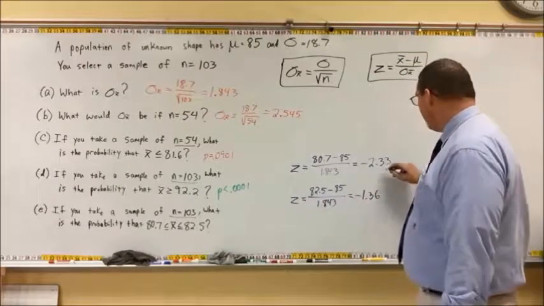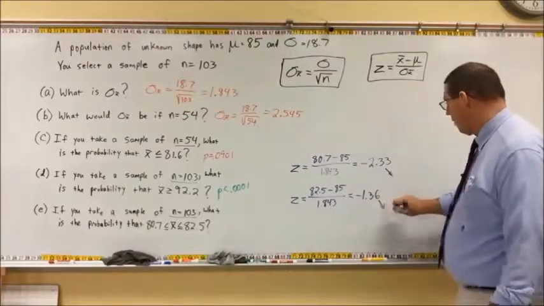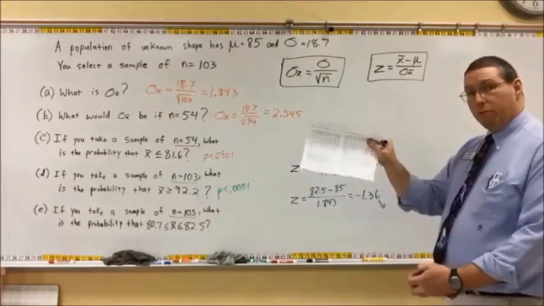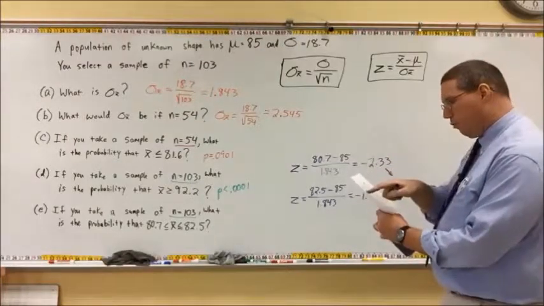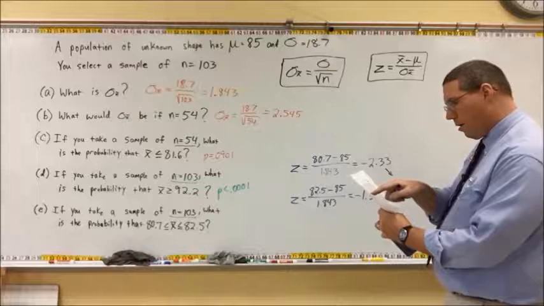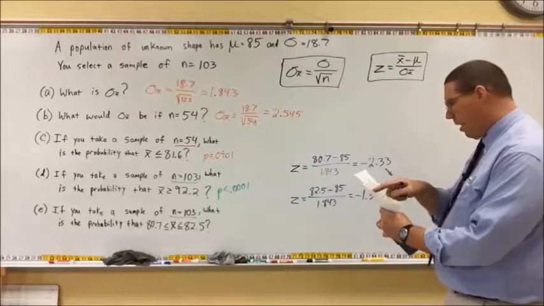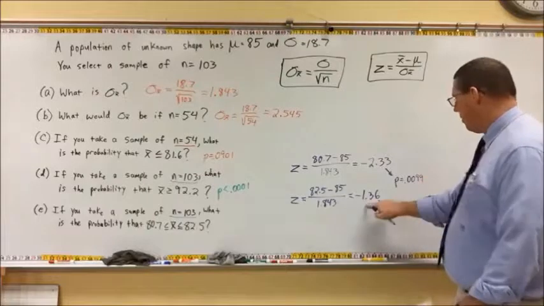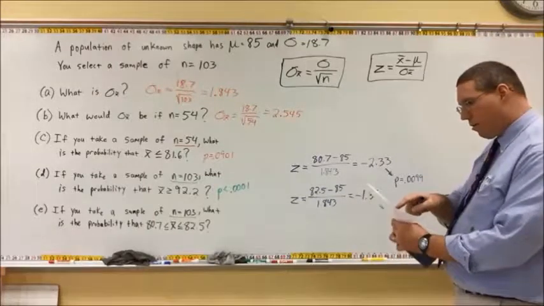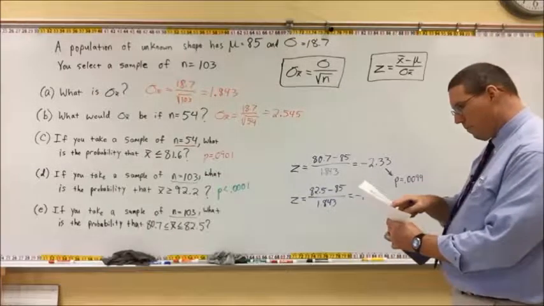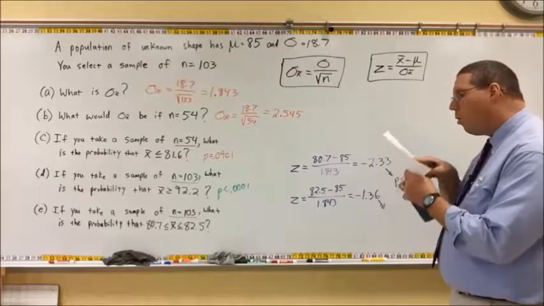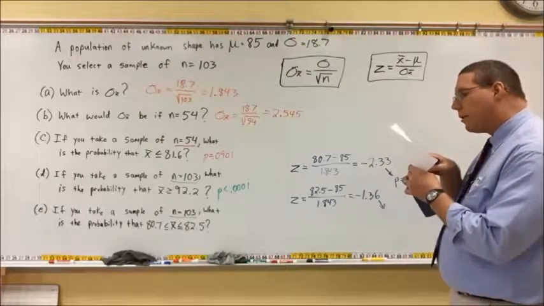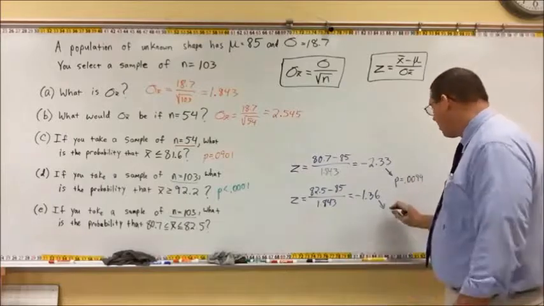We need a p-value for each one of these. For negative 2.33 in the table, the p-value is 0.0099. And the p-value for negative 1.36 is 0.0869.